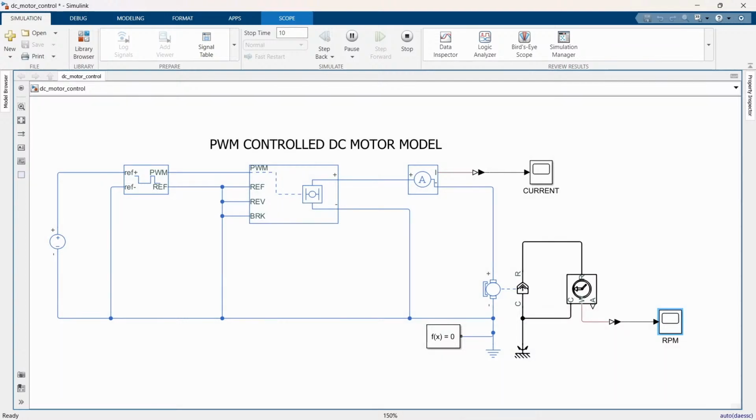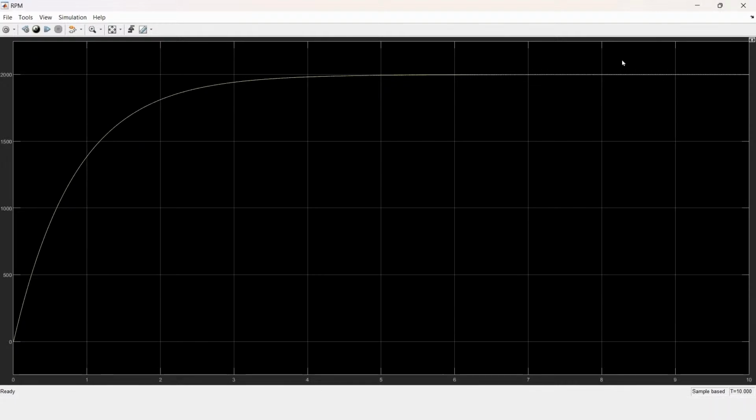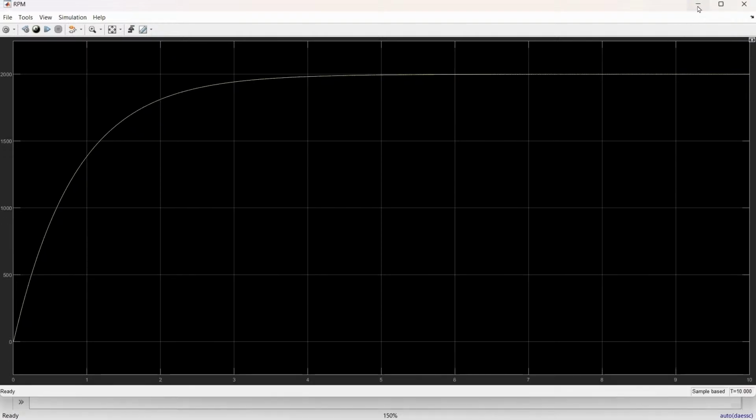So when the PWM reference voltage is set to the maximum value, I will show you the output. Yeah, so our speed is reduced because, what is our no load speed? Maximum speed 4000. So here we are using this method, our speed is reduced.